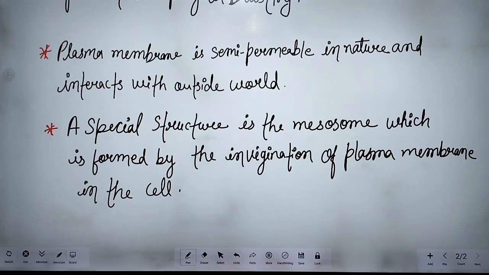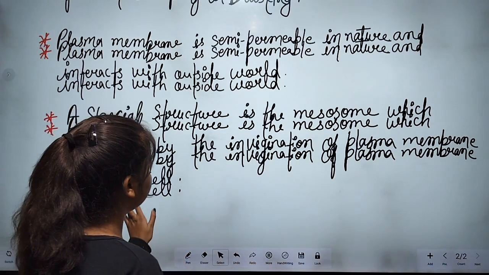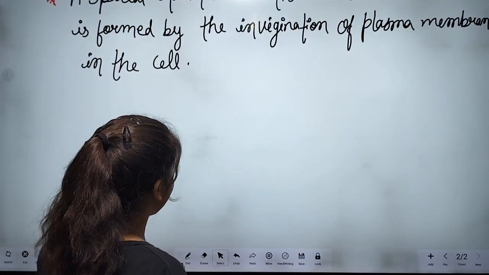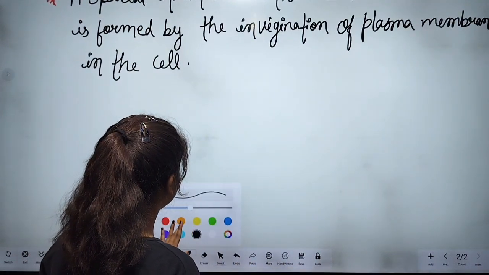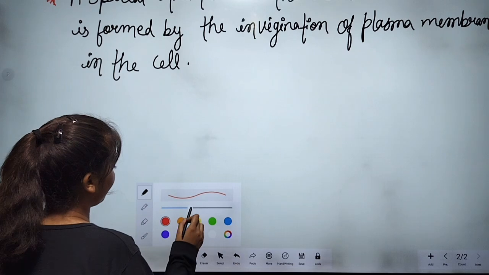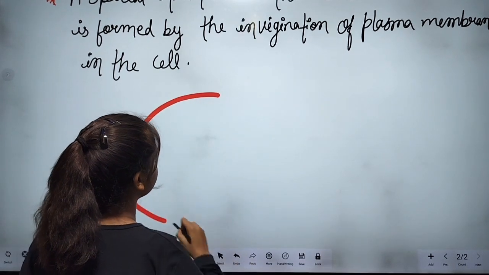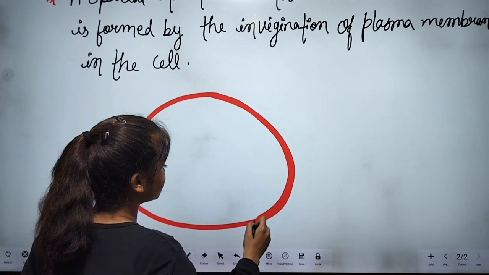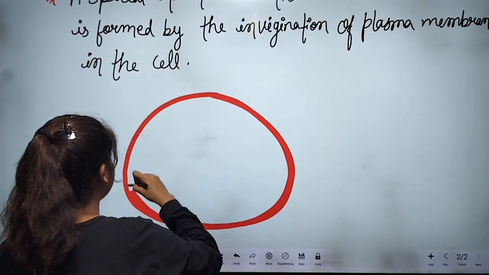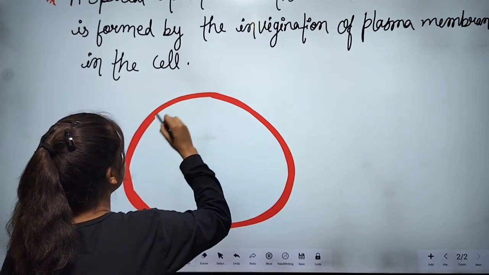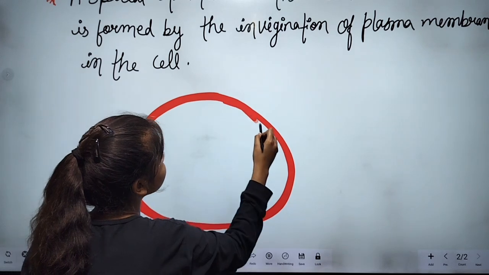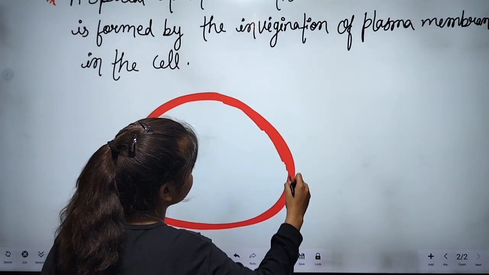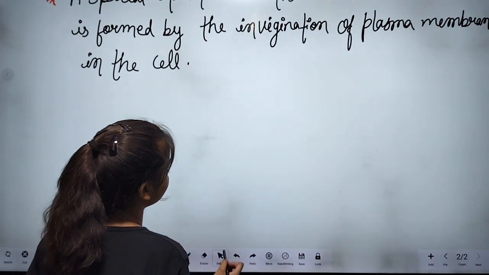As we all know, the plasma membrane forms a finger-like structure towards the cell cytoplasm, in the cytoplasm. So it invaginates as a finger-like structure that is called the mesosome.